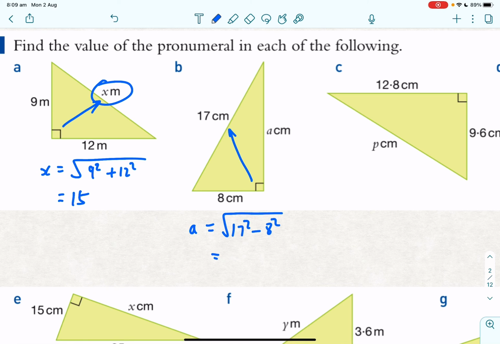You can just put the square root and everything in there, which makes it a lot quicker. Just do one step. So the square root of 17 squared minus 8 squared is 15. Again, don't forget the unit.